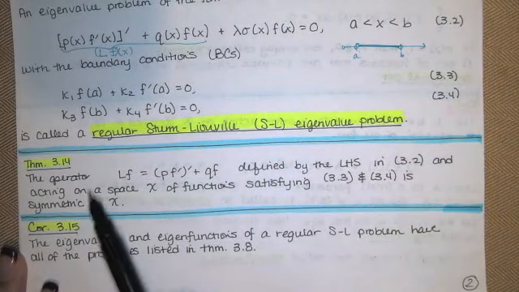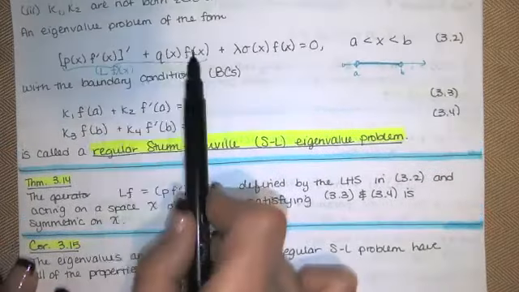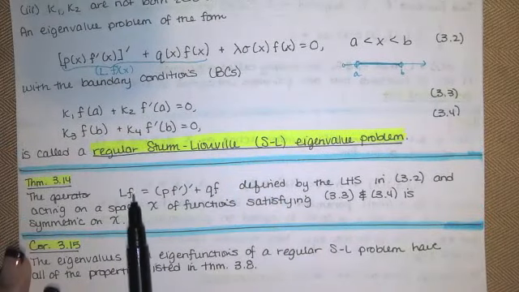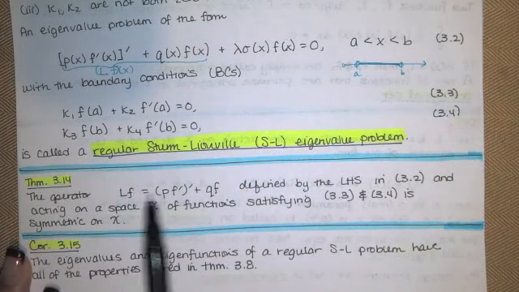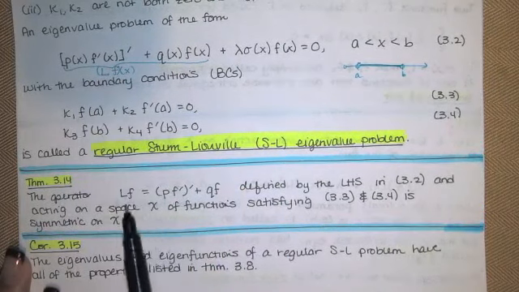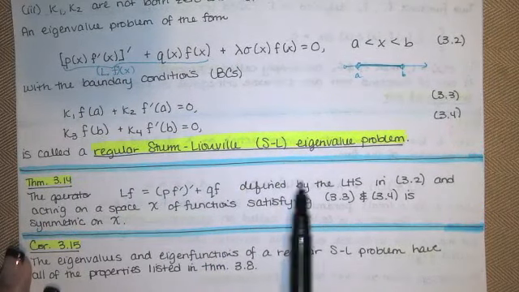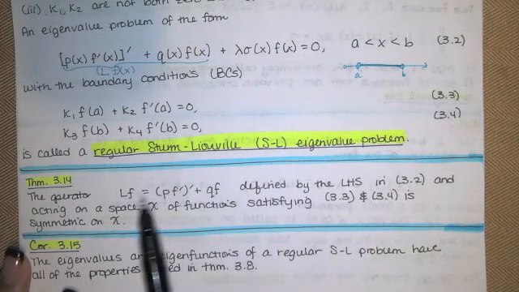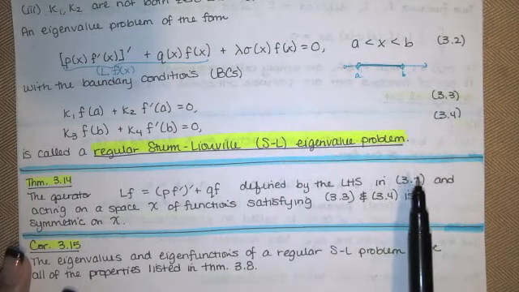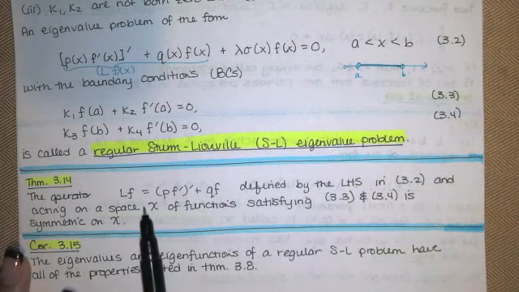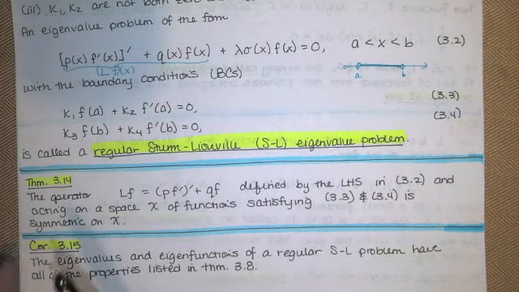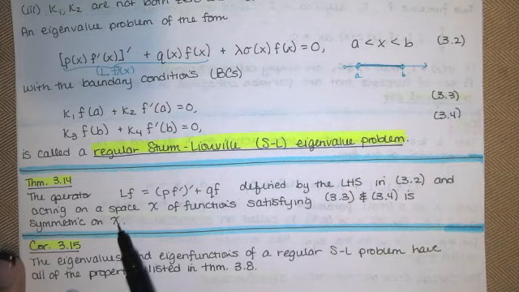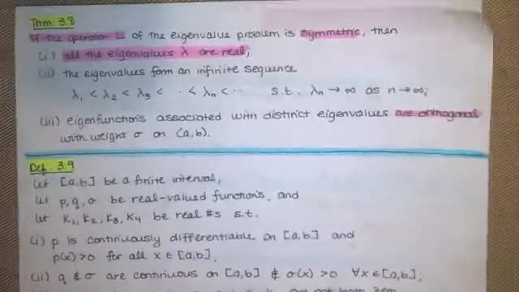Theorem 3.14 says that the operator on the left-hand side over here, which is the operator that looks like this, L applied to f gives us this. That operator, corresponding to the space of functions that satisfy these two boundary conditions, is symmetric on that space of functions chi.